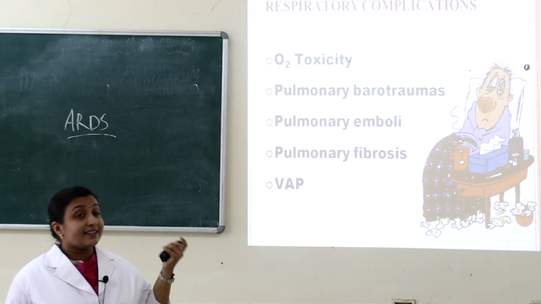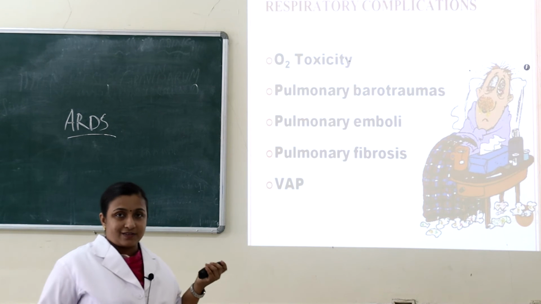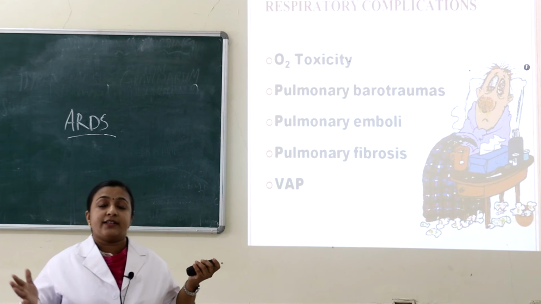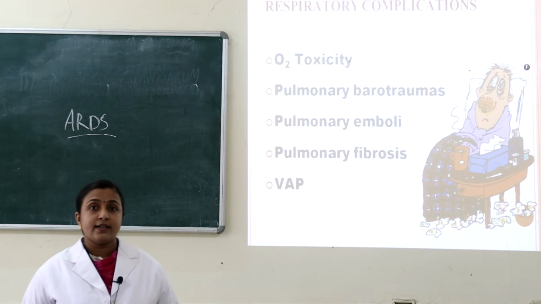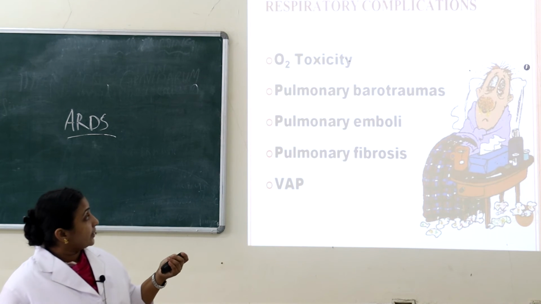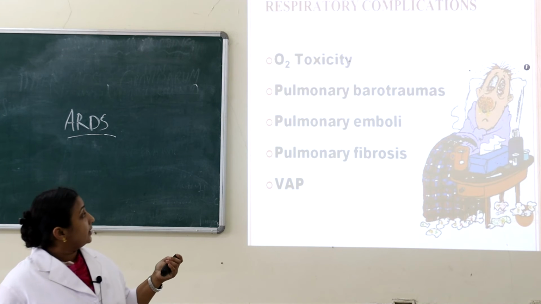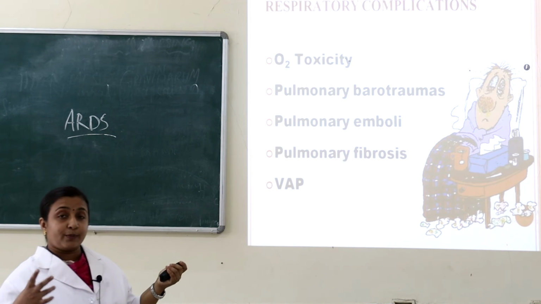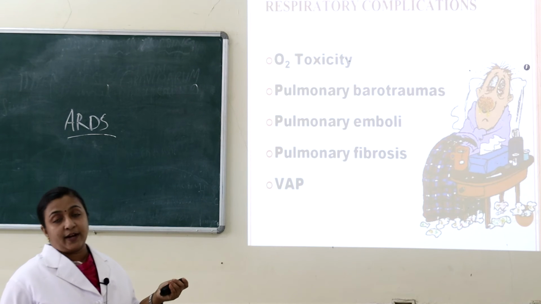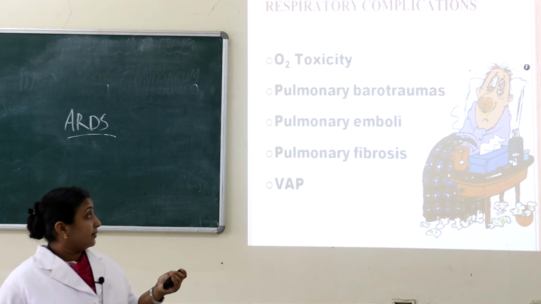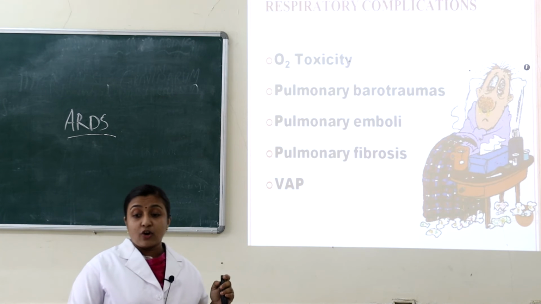The next are respiratory complications like oxygen toxicity. Sometimes with the introduction of high flow oxygen, the patient may develop oxygen toxicity. Then pulmonary barotrauma, then pulmonary emboli, that is emboli formation in the pulmonary system. Then pulmonary fibrosis, that is fibrosis formation in the pulmonary system. Then the VAP. These all are the main complications.